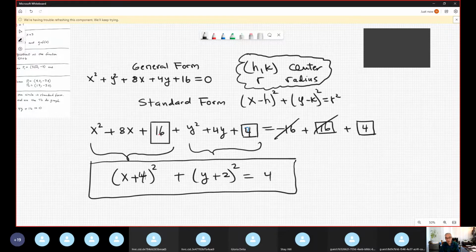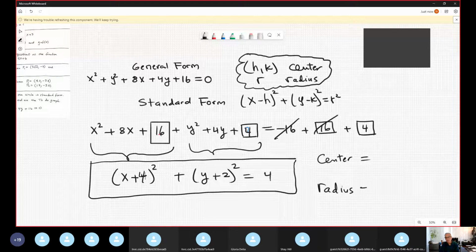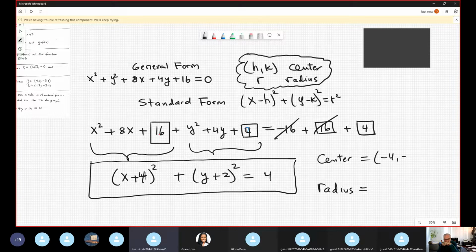So where is located the center of this circle? And what is the radius of this circle? The center is -4, -2. The radius is 2. Okay, be careful, because the sign in the center point is opposite to the sign in the equation.